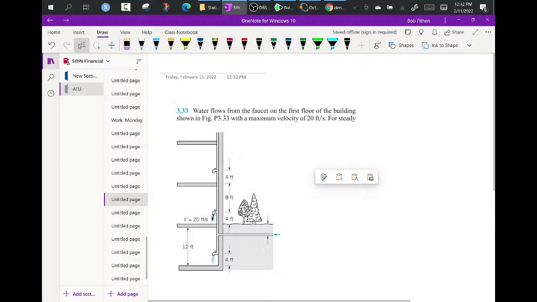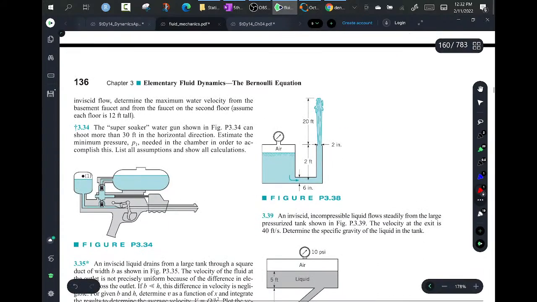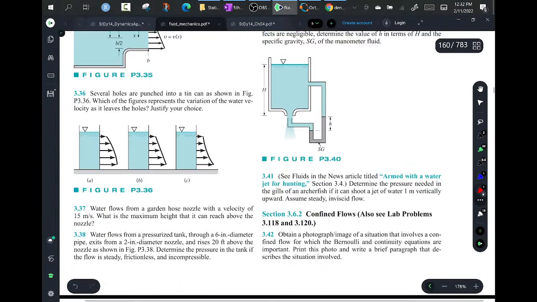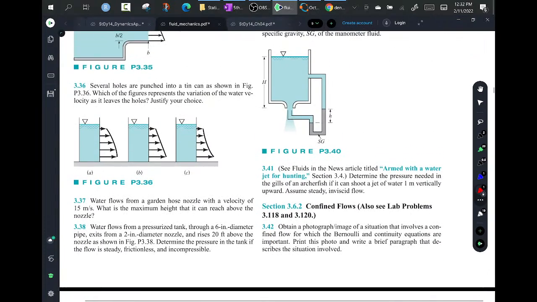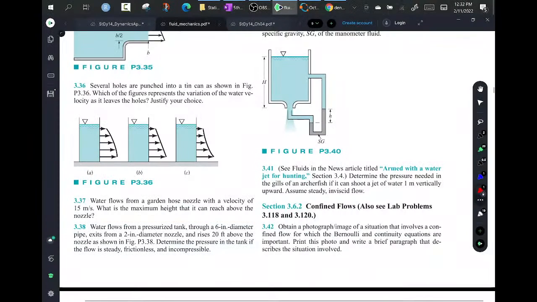Okay, so I'll do this one on Monday. That's always a good one to see. That's 38. It's the problem statements down here. No, it's okay. It's the problem statement.